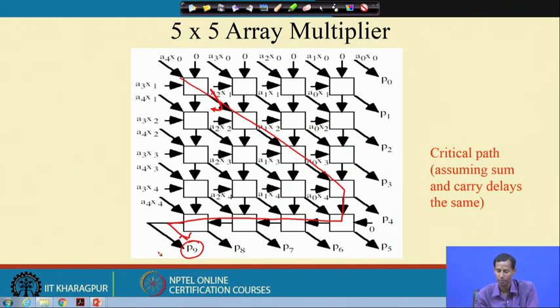Now if we consider this array multiplier architecture, the structure is very much regular, but the delay is more, because the carry is rippling through the corresponding array.